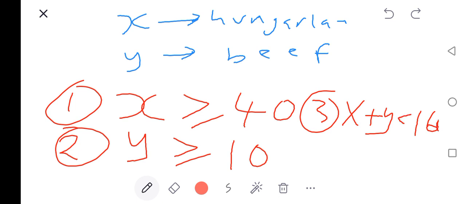Not more than 160 means X plus Y less than or equal to 160. That is the third inequality. So when you hear not more than, and when you hear altogether, you put X plus Y. Very straightforward.